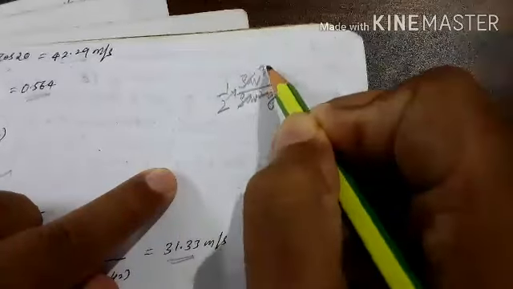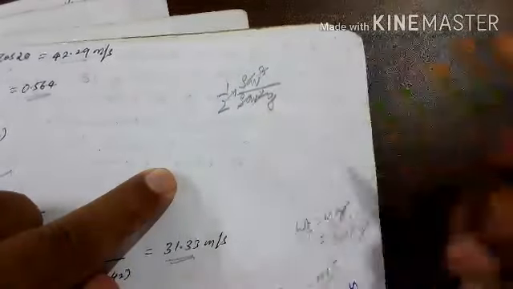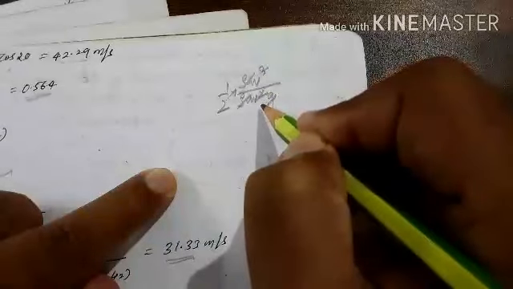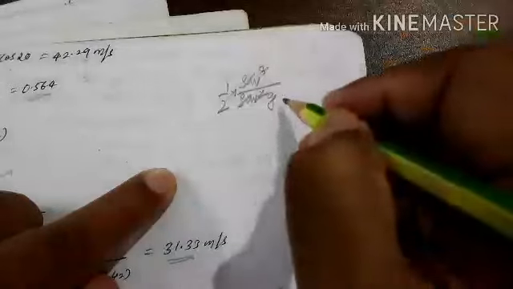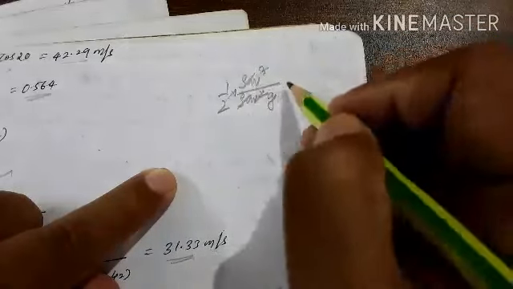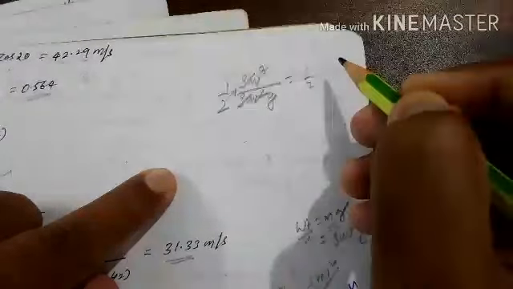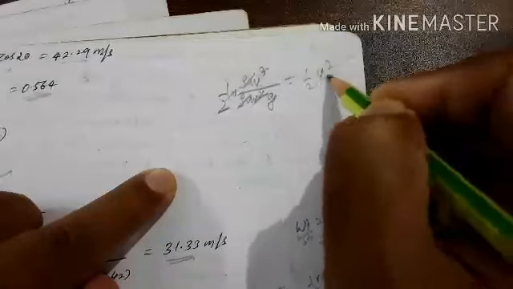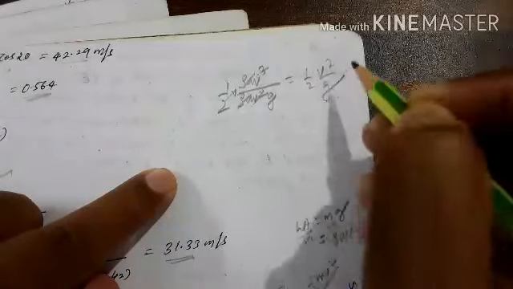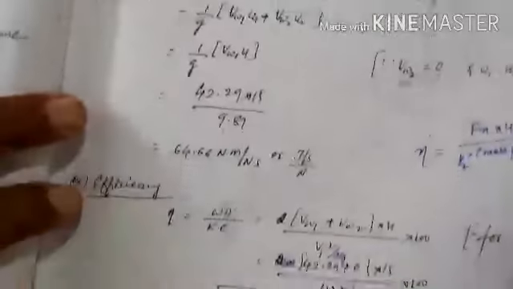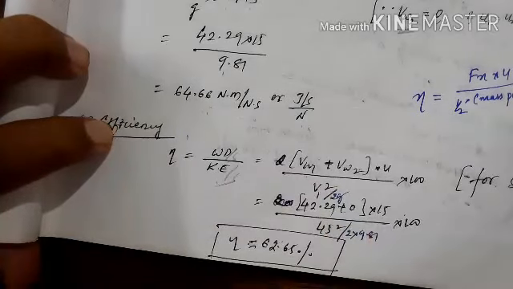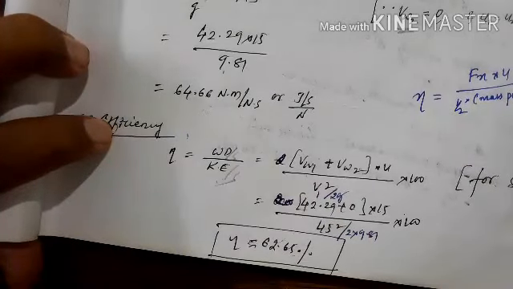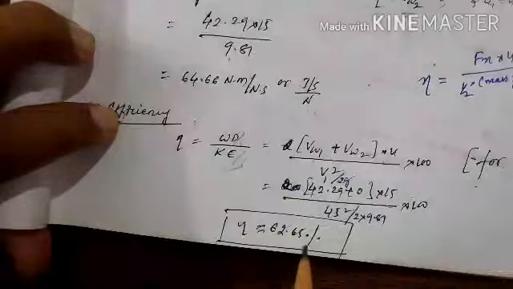One velocity gets cancelled, and we get half v square by g. So here we get v square by 2g for a series of vanes. Substitute here, you'll get the efficiency.